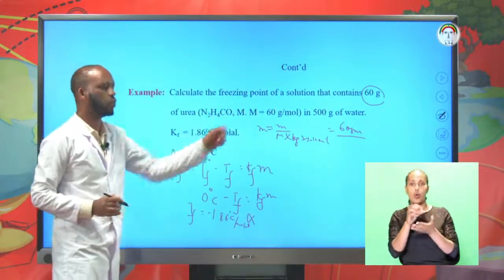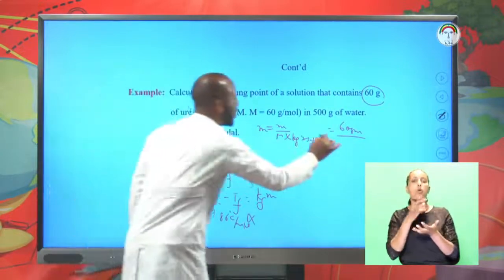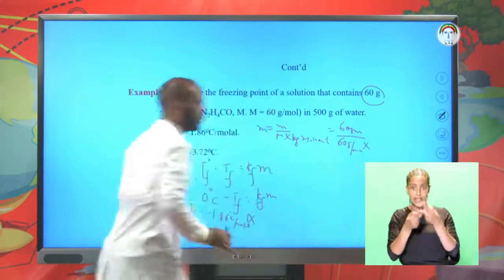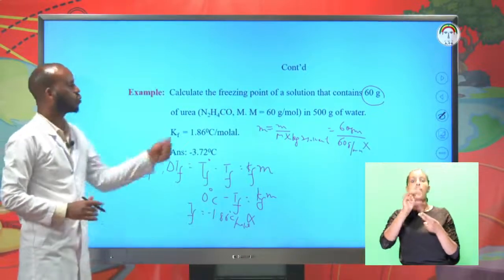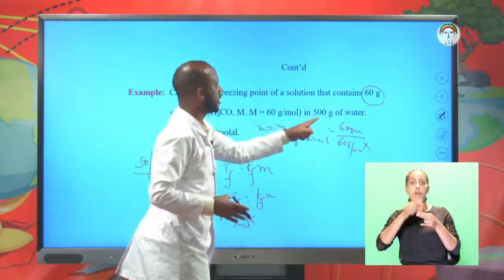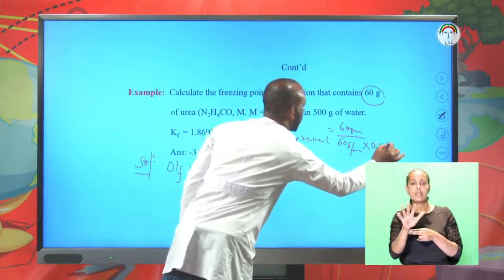The solute is urea dissolved in water. Its molar mass is 60 gram per mole, times mass of the solvent in kg. 500 gram of water in kilogram is 0.5 kilogram.